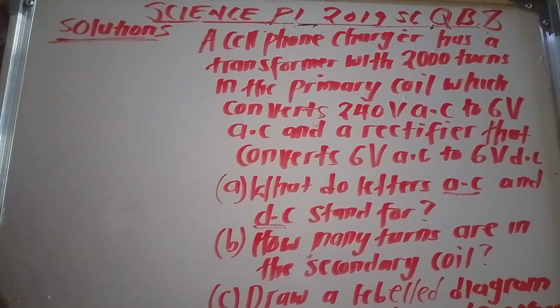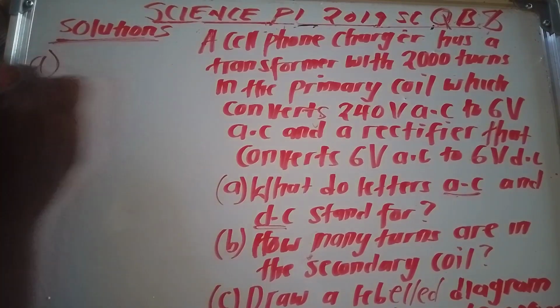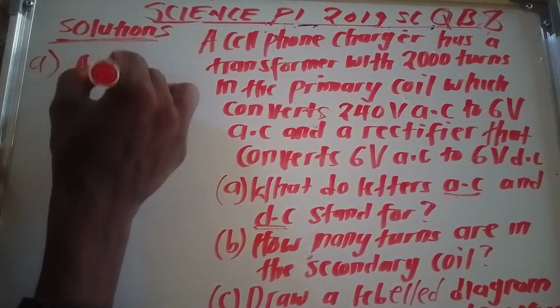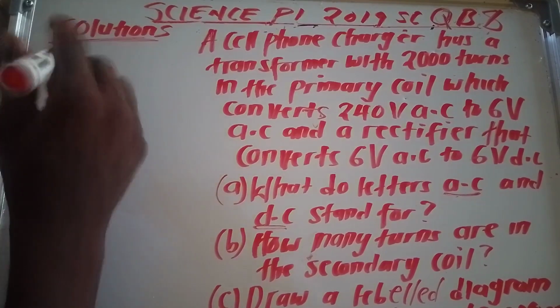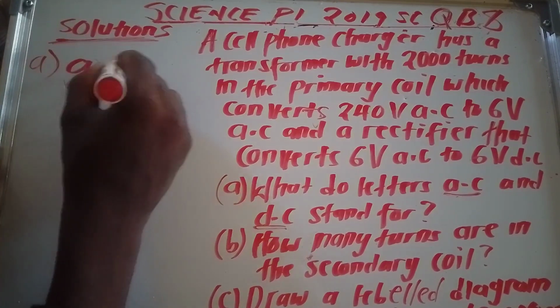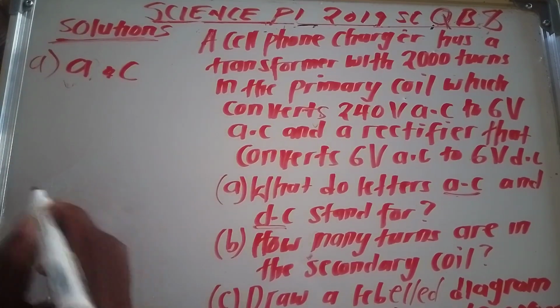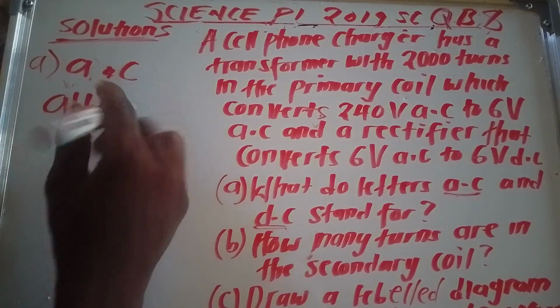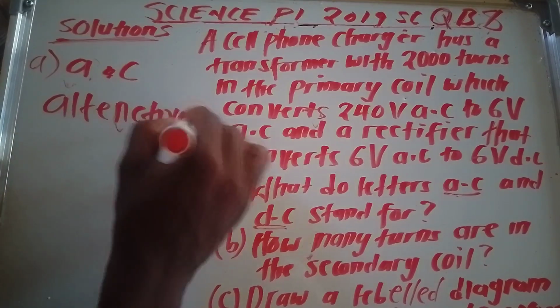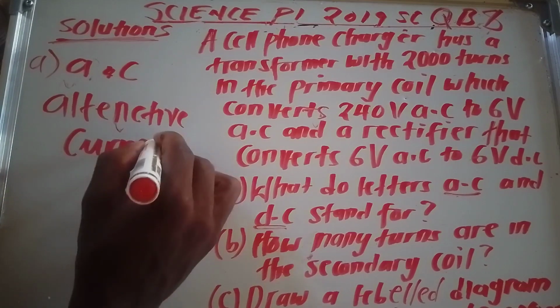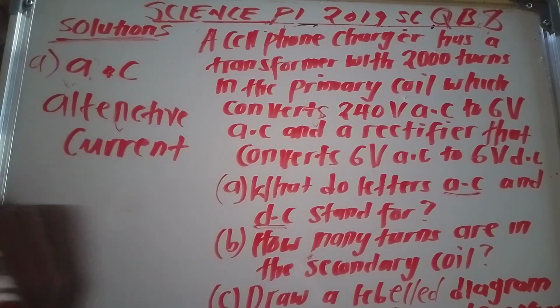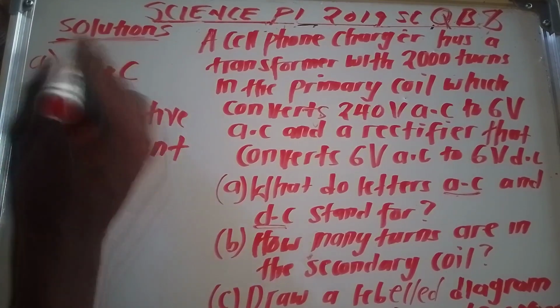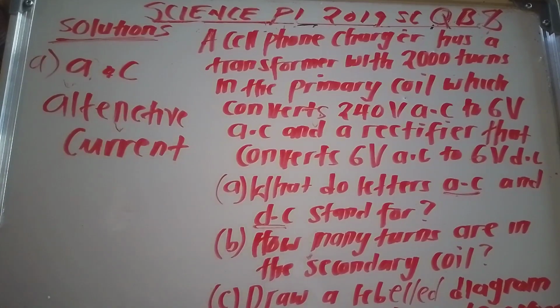For question A, when we talk of AC, we are talking about alternating current. That is what these two letters represent: alternating current.